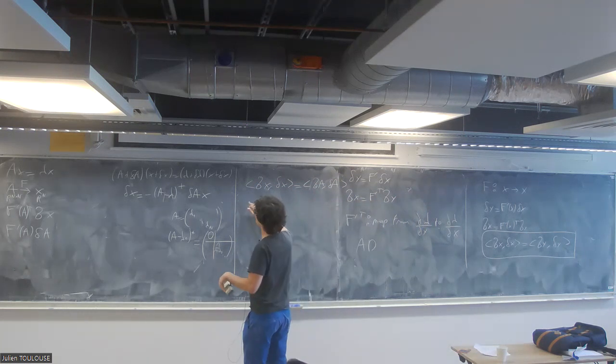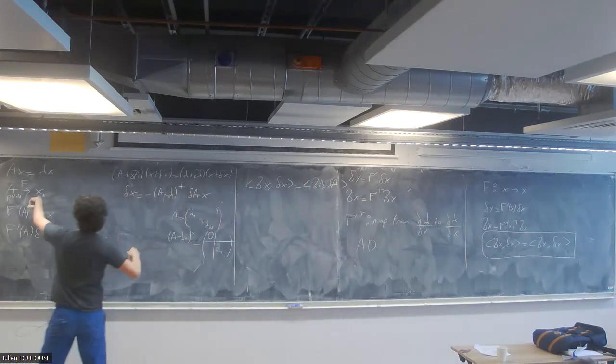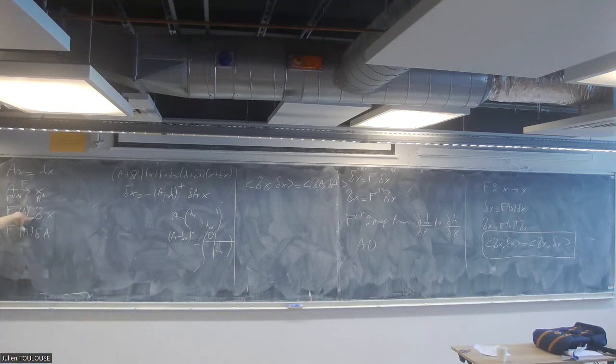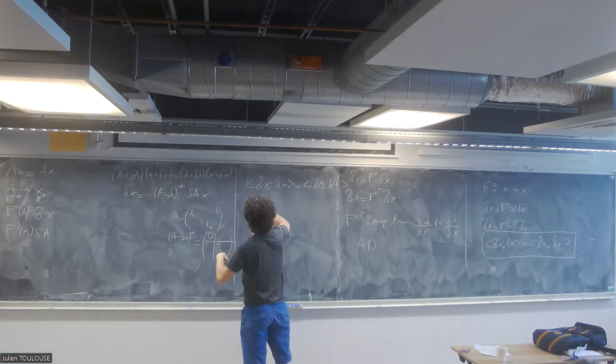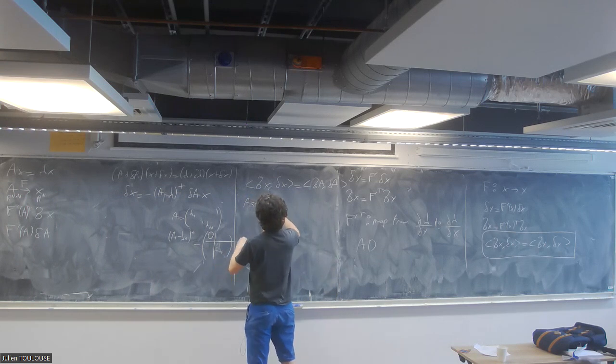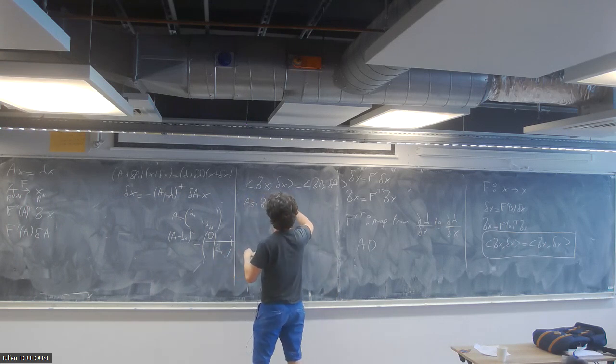And so now what I'm going to do is do this in reverse. I want to assume that delta x is known.